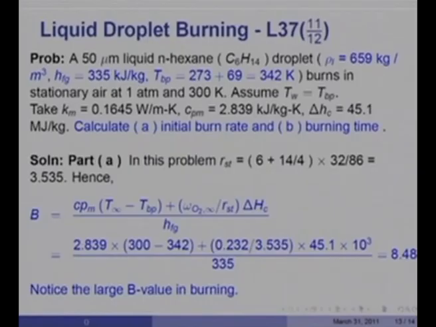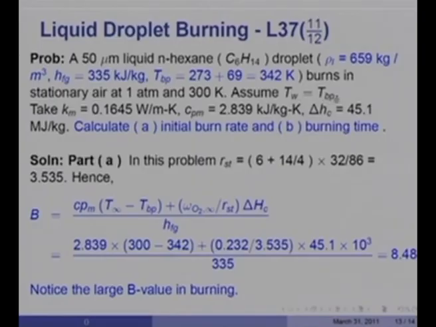So, now let us take the same liquid droplet of N-hexane of 50 micron diameter and allow it to burn. Again, the properties are given, and it is burning at 1 atmospheric pressure and 300 K. We will assume that the droplet is already at its boiling point.